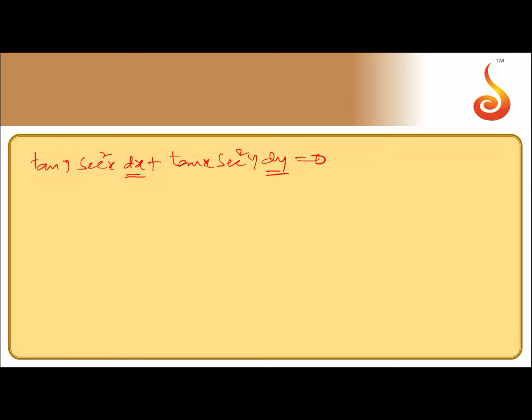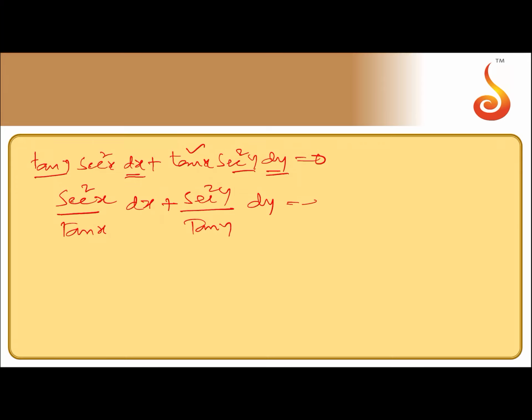Since we have dx here and dy here, why don't you divide by tan x tan y, and rewriting this one: secant square x divided by tan x multiplied by dx plus secant square y divided by tan y multiplied by dy is equal to 0.